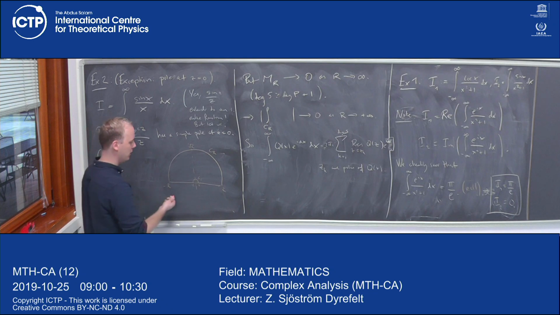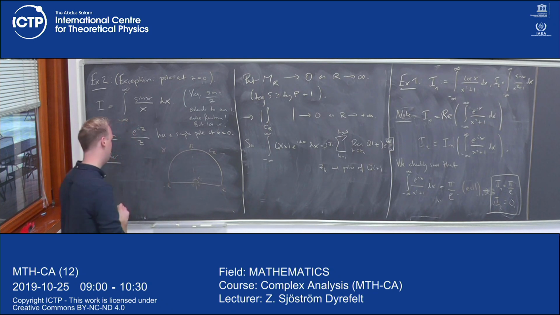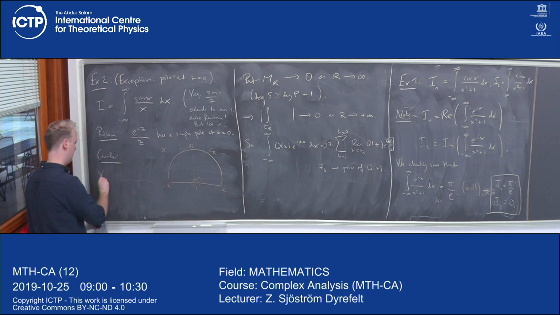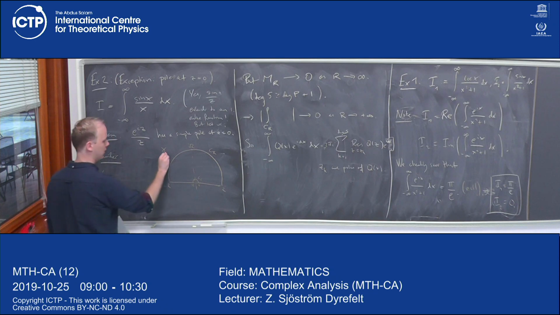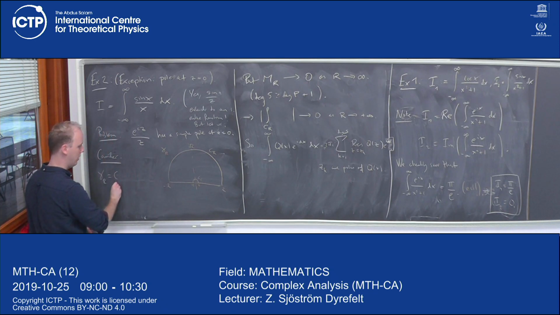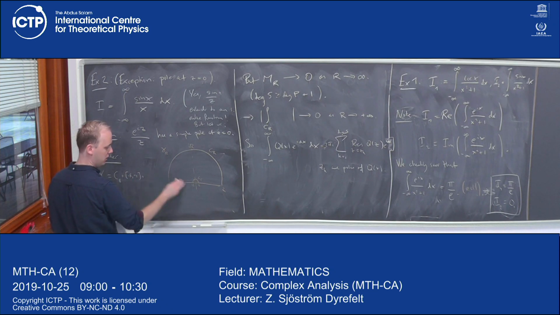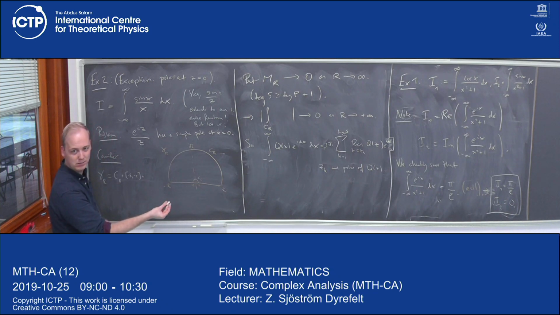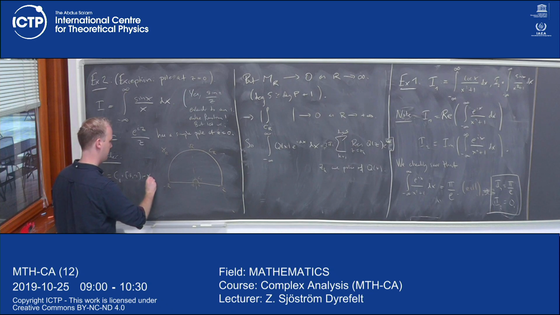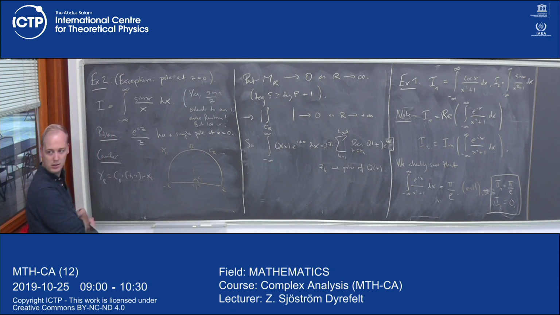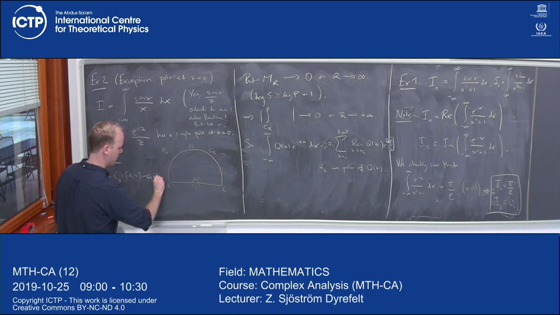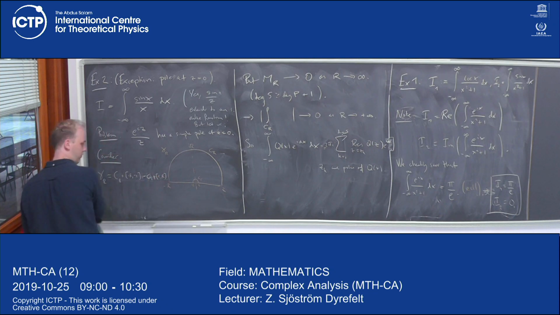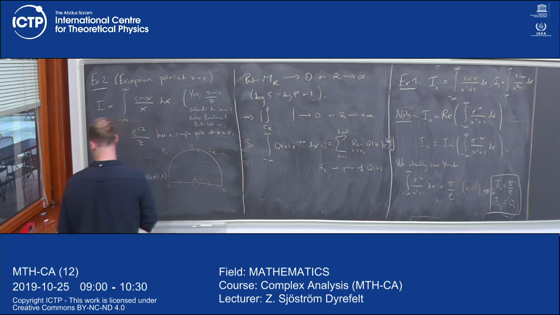And then the total thing will be gamma, and you will write this total as gamma R. And gamma R will be CR, and then you will go from minus R to minus epsilon, and then minus C epsilon, and then from epsilon to R. So this is our path.